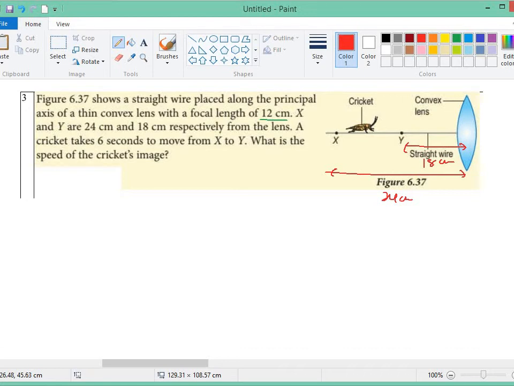If we want to know the speed of the cricket's image, then we need to know the change in the position of the image.